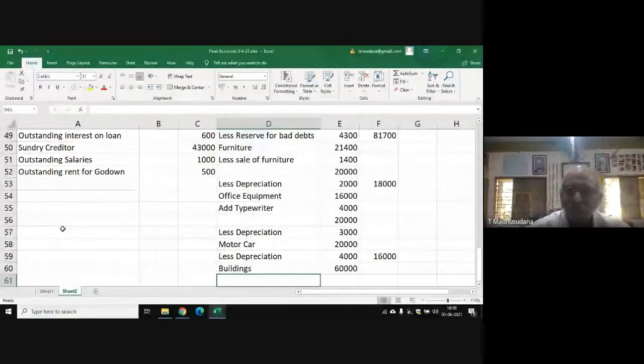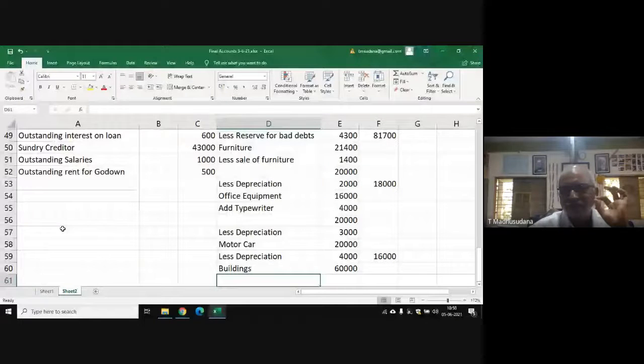But he has given that only 50% of the building is used for business. On the building used for residential purpose, we should not calculate the depreciation. That we have already shown in the drawings column.